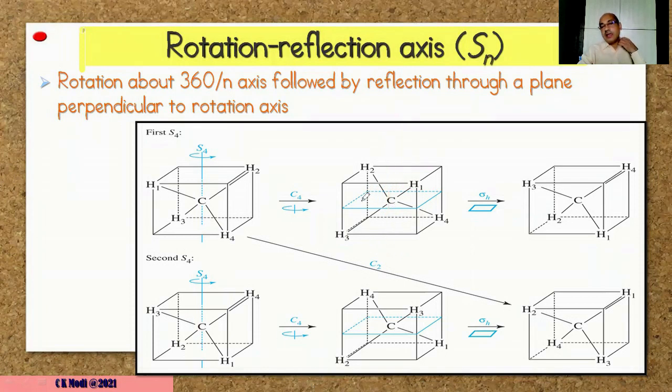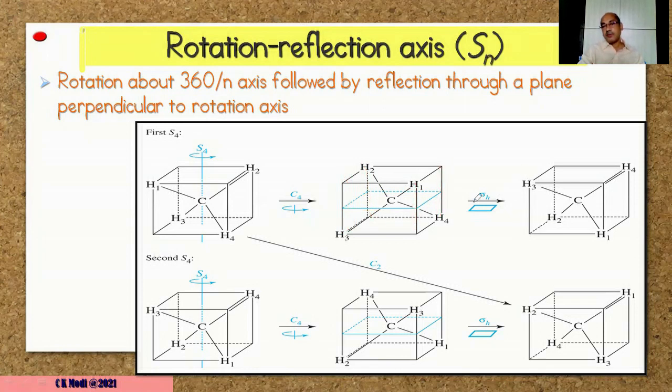So if we put a plane over here, what will happen? The hydrogen is here. Where will its mirror image be found? Here. H3 is here. Where will its mirror image be found? Here. H1 is here, so its mirror image will be here, and H4 here. When we put a mirror plane, where will the image be found? H2's here, H3's here, H1's here and H4's here.